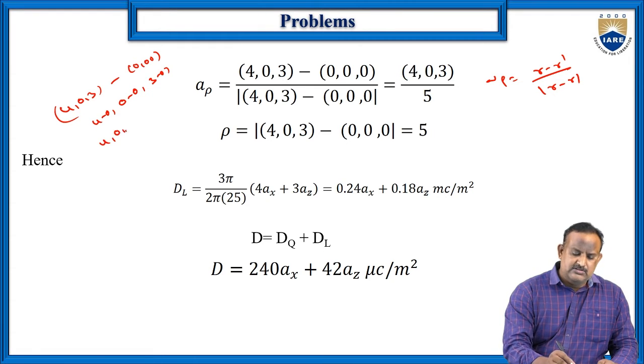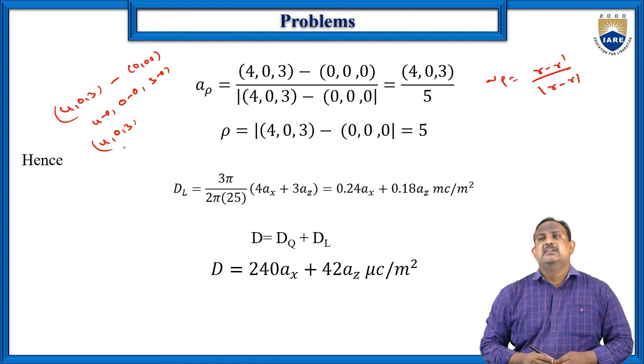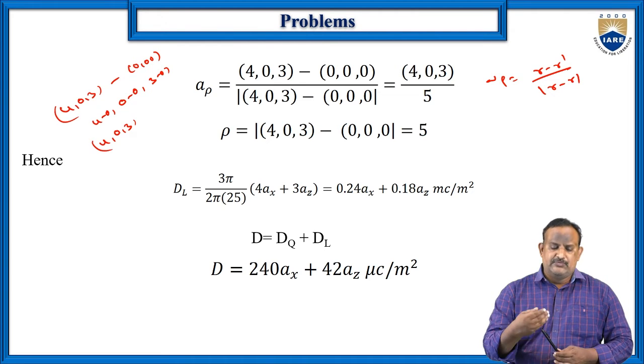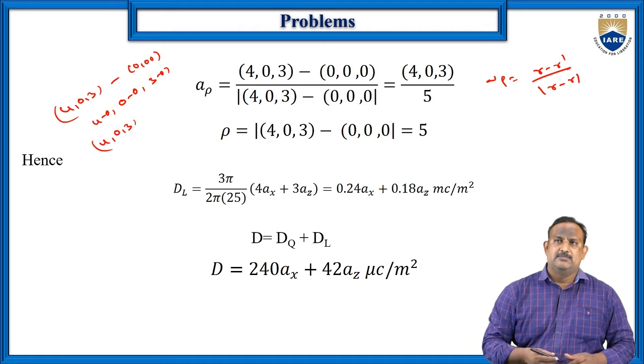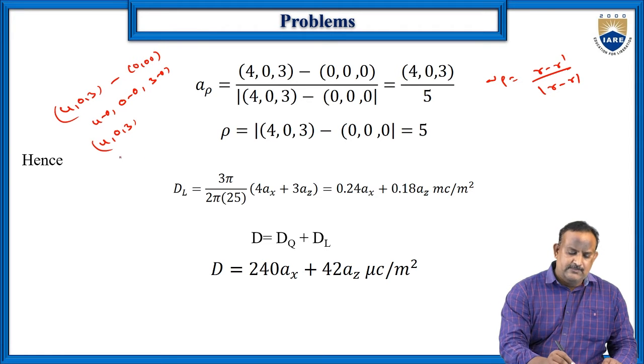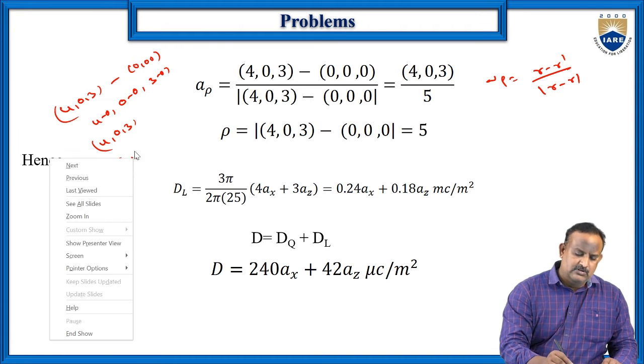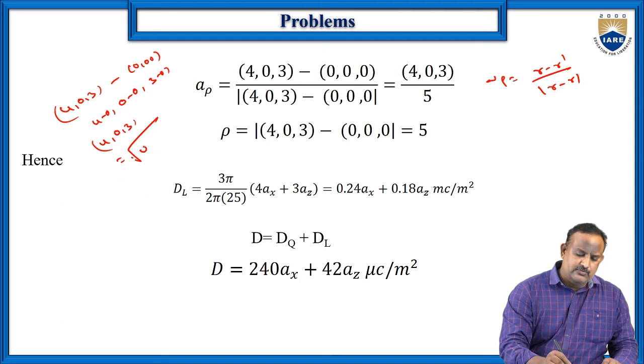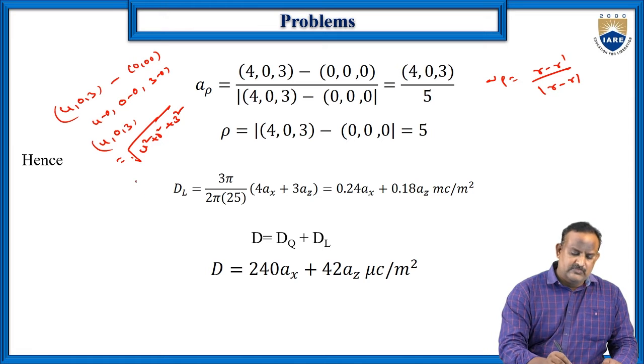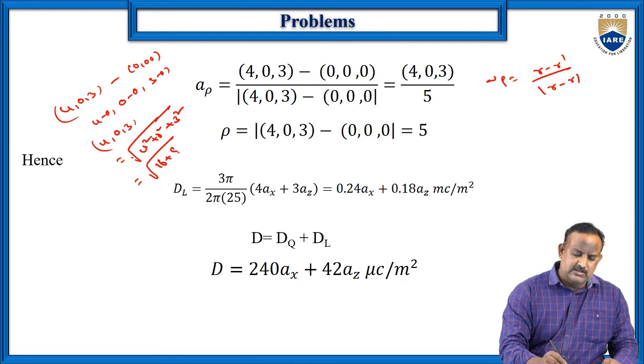Therefore, it is (4,0,3). We need to find the magnitude of the vector. Therefore, it is root of 4 square plus 0 square plus 3 square, which is root of 16 plus 9, root 25, which is 5.